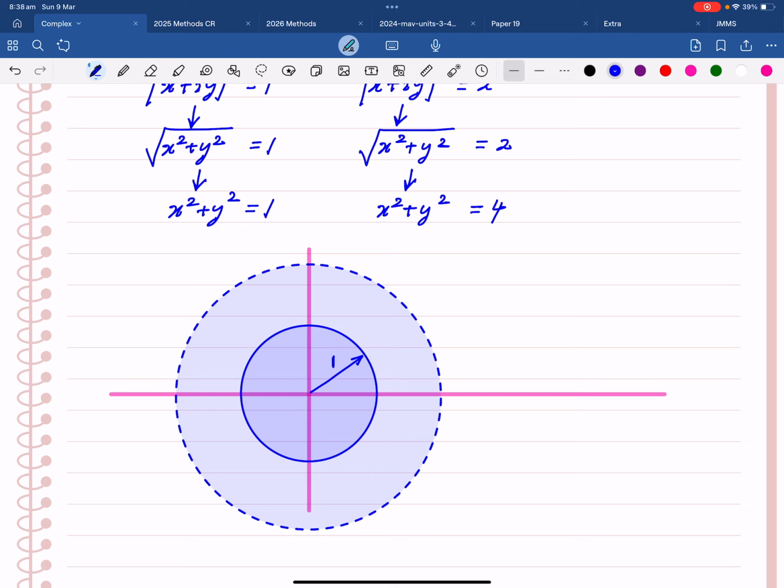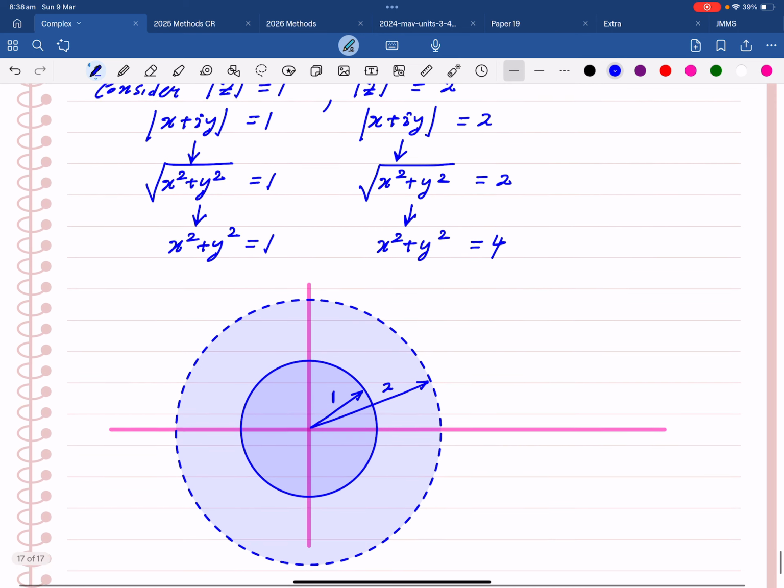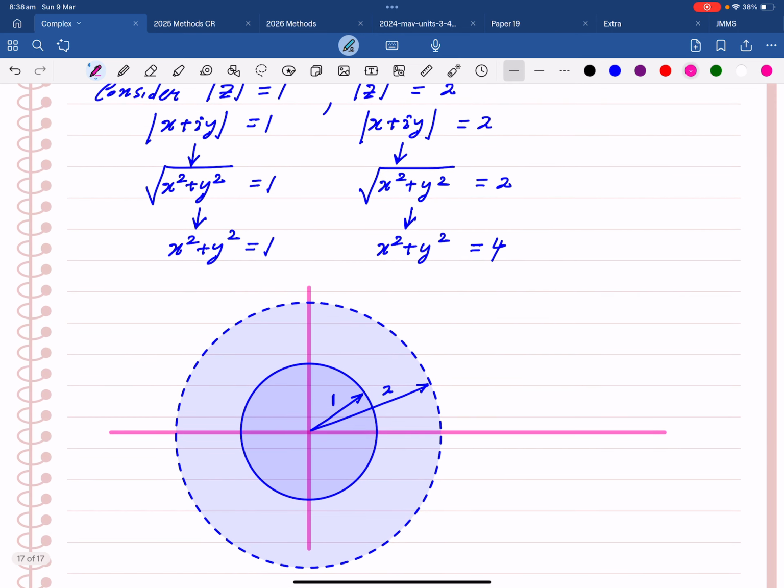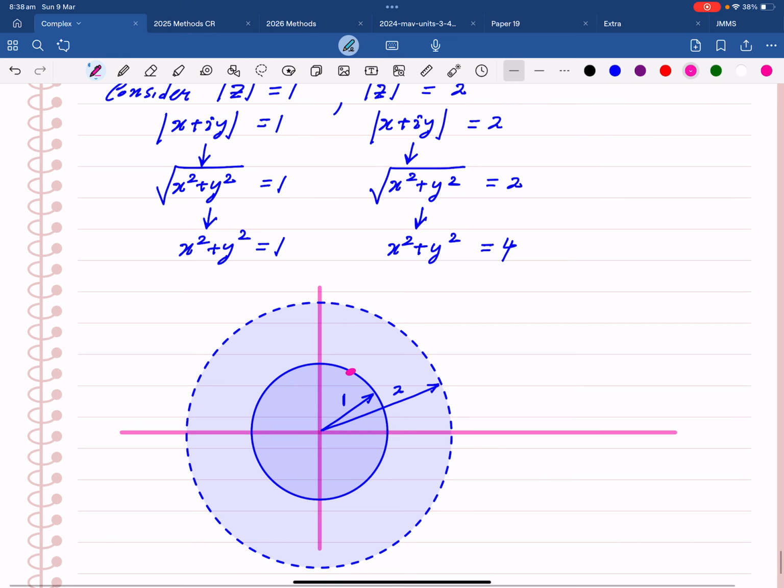The radius from here to here is going to be 2. So now this will tell you, according to the first picture, z is on this. Z is on this circle, right? According to the second one, because radius is 1, now there is a radius restriction.